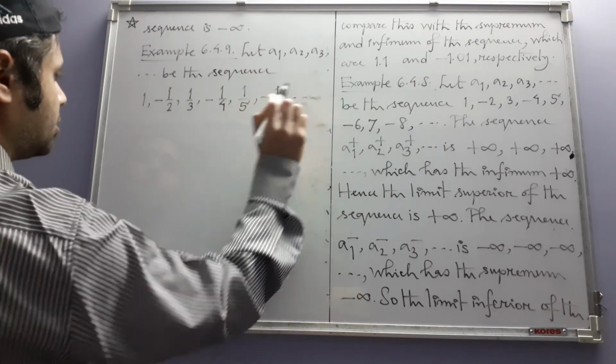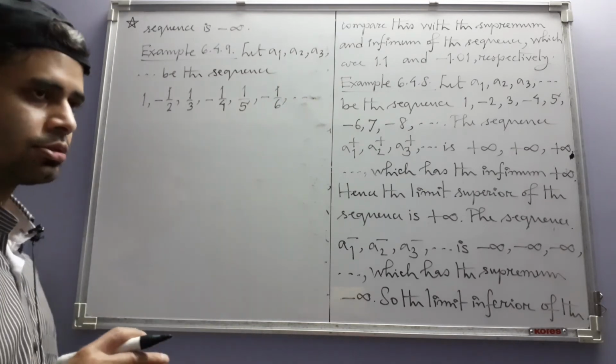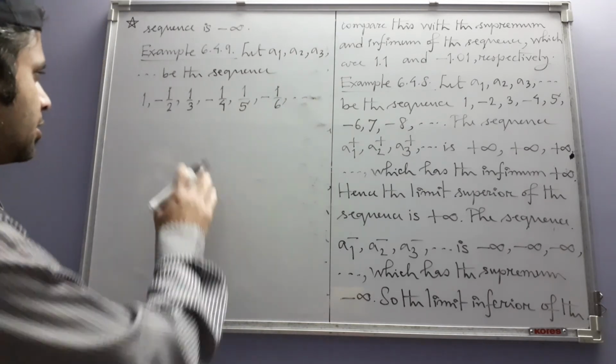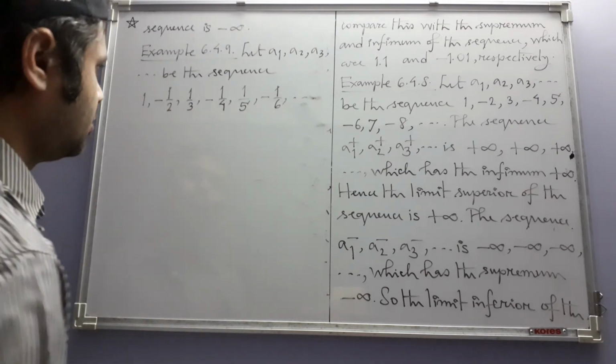You get the pattern. The terms are those of the sequence 1 over n, but we alternate the sign between positive and negative.